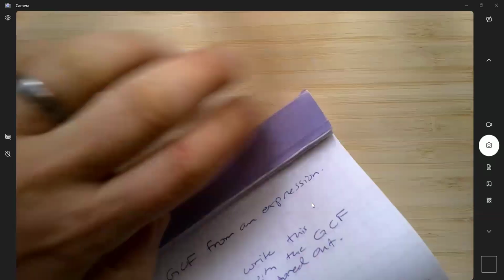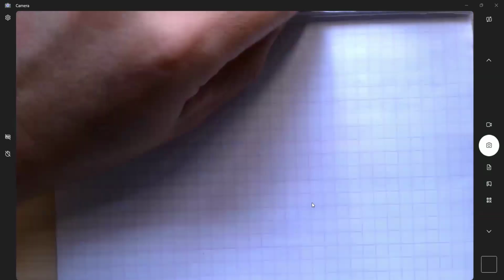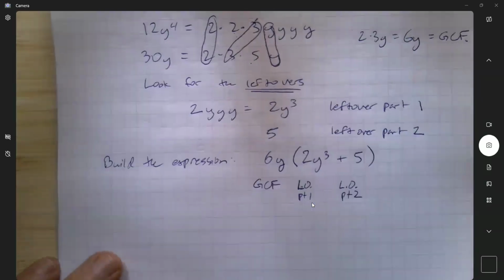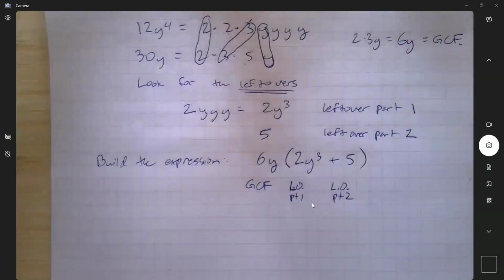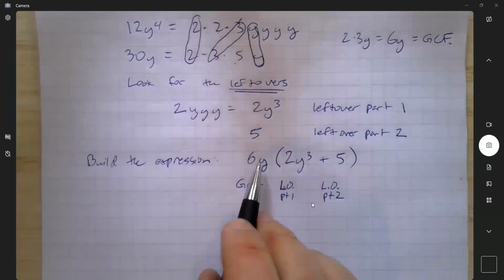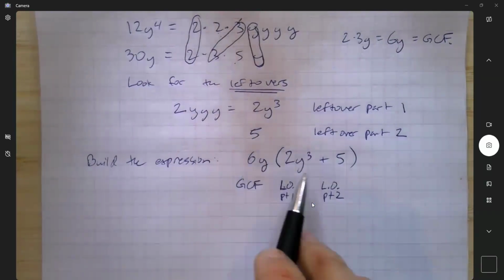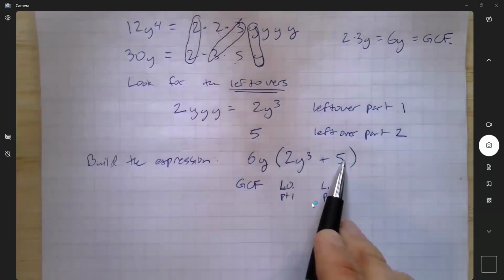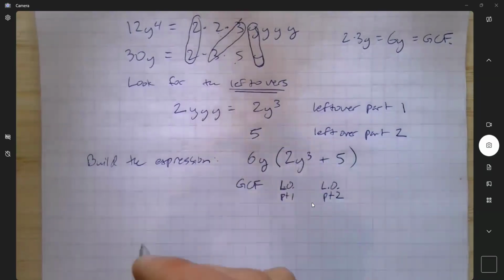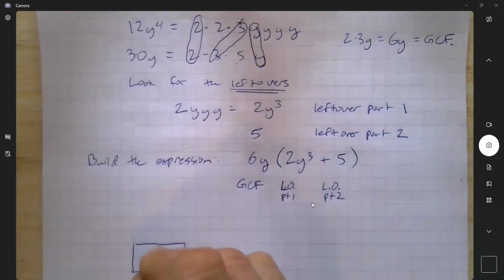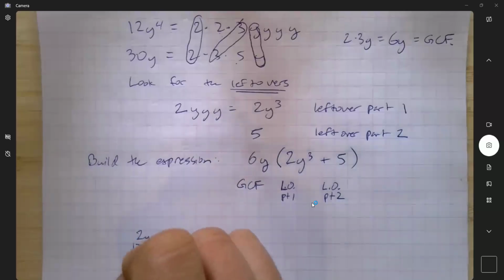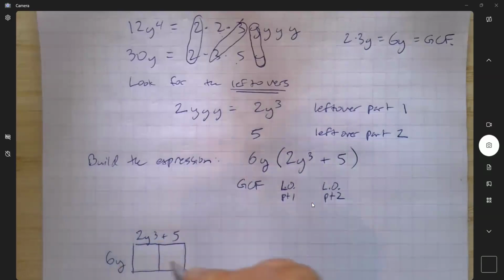And I can check that. I do remember now, I showed you all how to multiply polynomials. And this is a polynomial. 6y is a polynomial. And 2y cubed plus 5 is a polynomial. So let's do that. Let's build ourselves a polynomial multiplication where we have 2y cubed plus 5 on the top and 6y on the side.